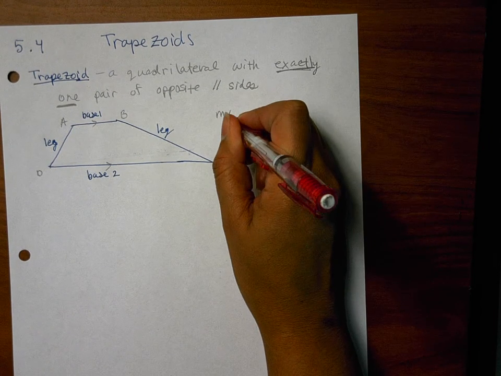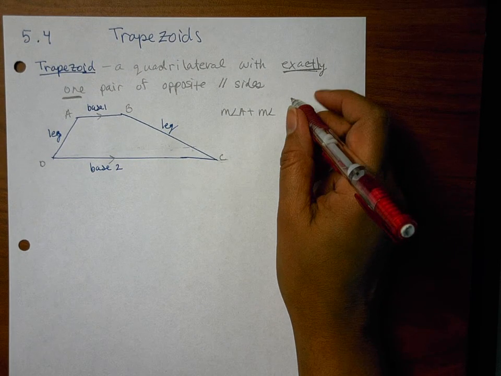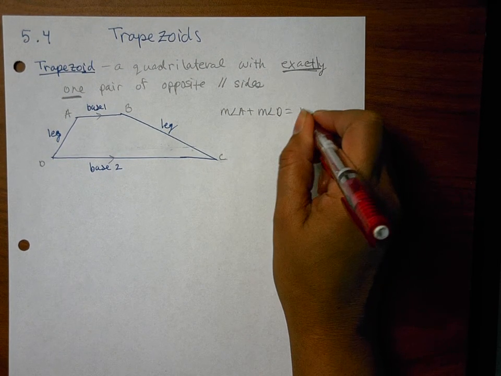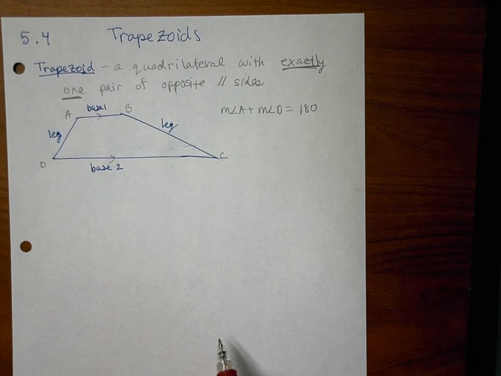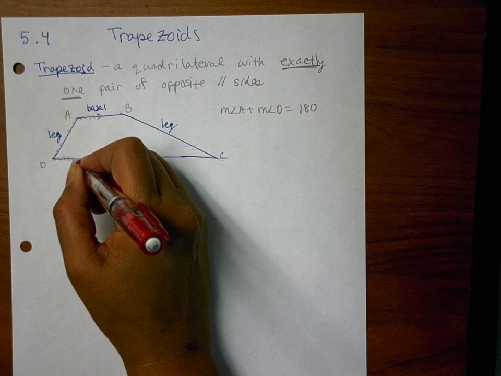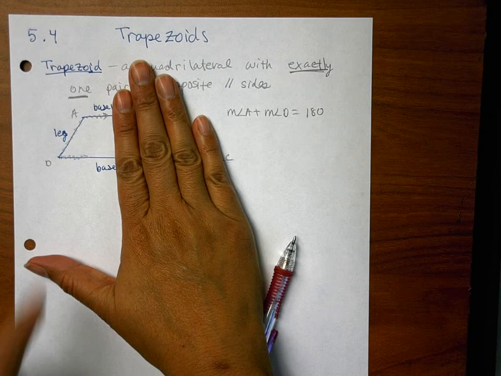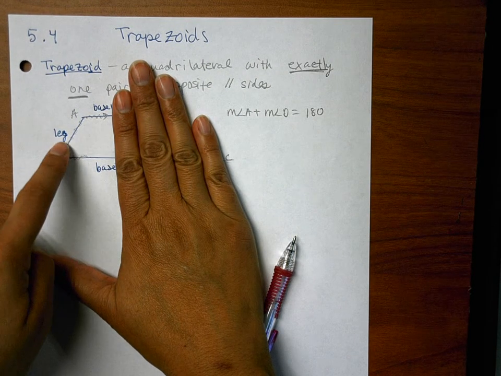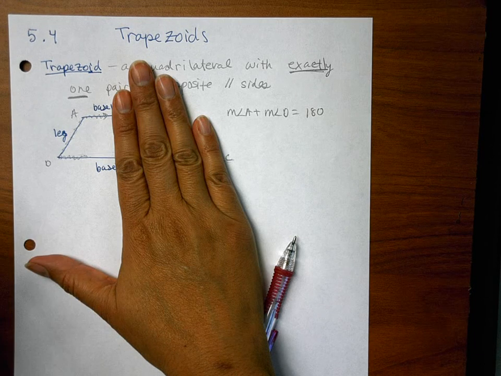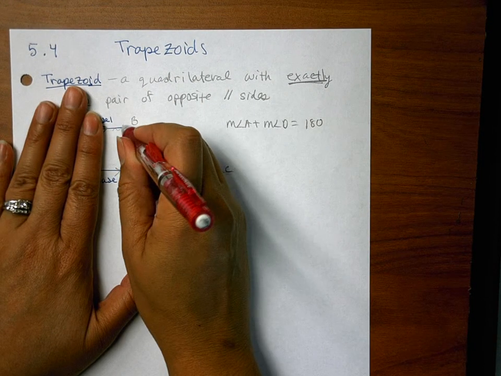All right, what you should know about a standard trapezoid is that the measure of angle A plus the measure of angle D will always add up to 180. And the reason is, if you can see the C shape here, the arms of my C are parallel, which means that these two are same side interior angles and they are supplementary.